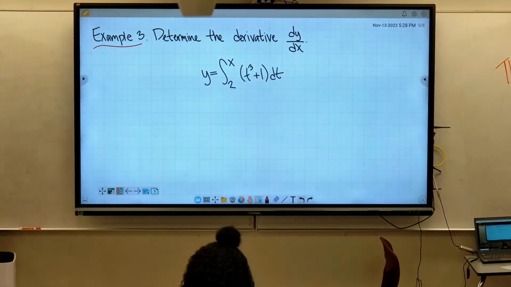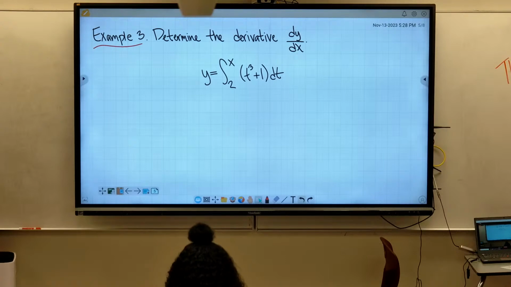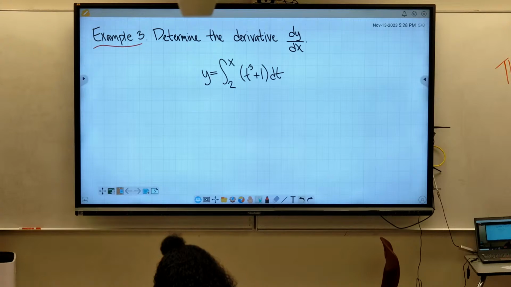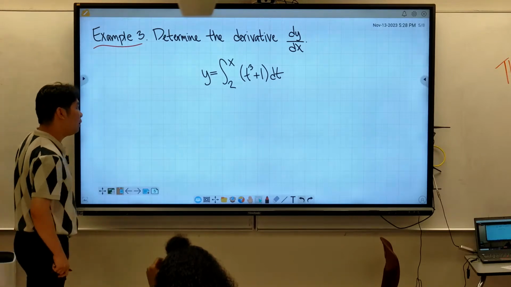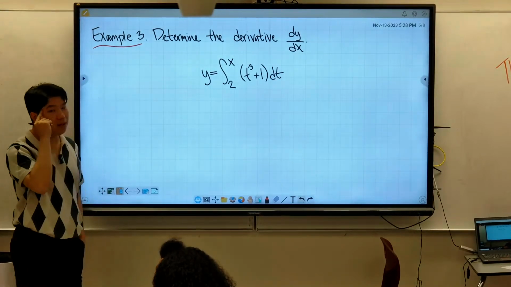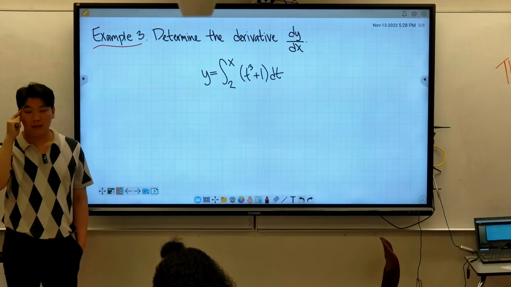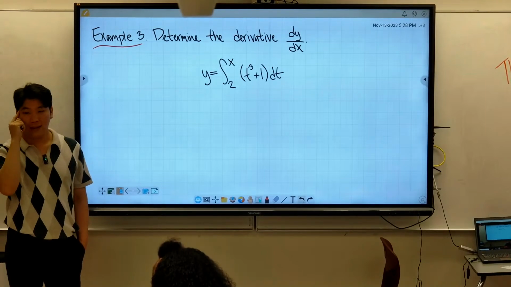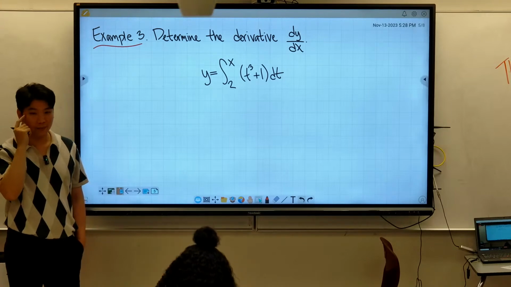One way that you could do this is you could get the antiderivative and then use part 1 of the fundamental theorem, plug in your upper bound, plug in your lower bound, and then take the derivative. You could do all that. But we like thinking of the derivative and the integral almost like opposites of each other. So let's go ahead. We want dy dx. I have y, and this problem is basically telling me to differentiate.